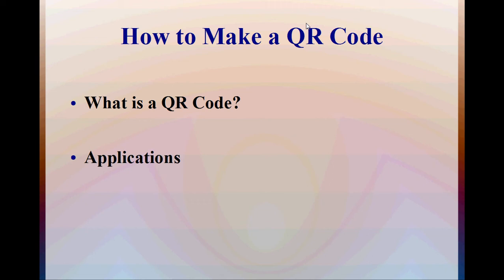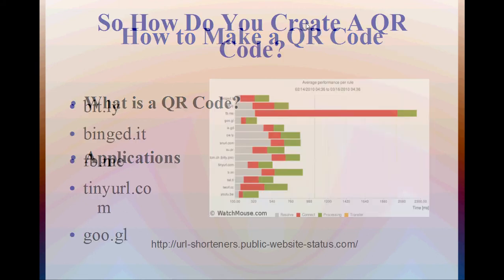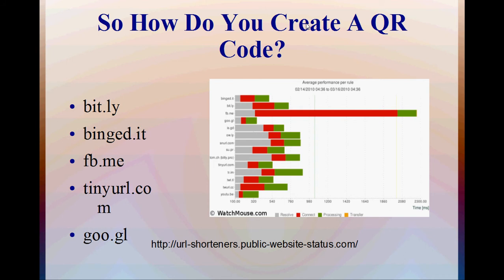So, how do you create a QR code? Well, there are many sites, literally many sites. And if you are looking for the best, you want to vet some of them. Some require you to reroute through their site if you use their service. You probably want to avoid those. You want to make it as quick and easy as possible to get to someplace, which is why I put this graph over here to the right.